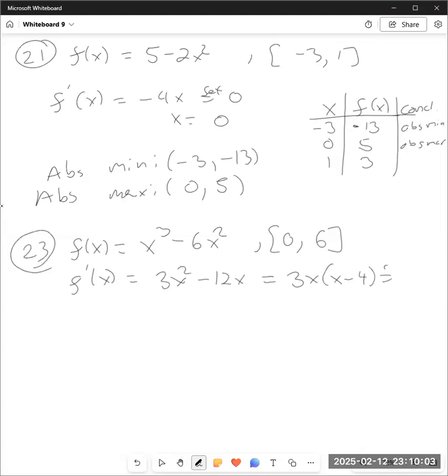We're going to set that equal to 0. 3x = 0 or x - 4 = 0, so x = 0 or x = 4. 0 is not only a critical number, but it's also an endpoint. I don't have to list it twice.